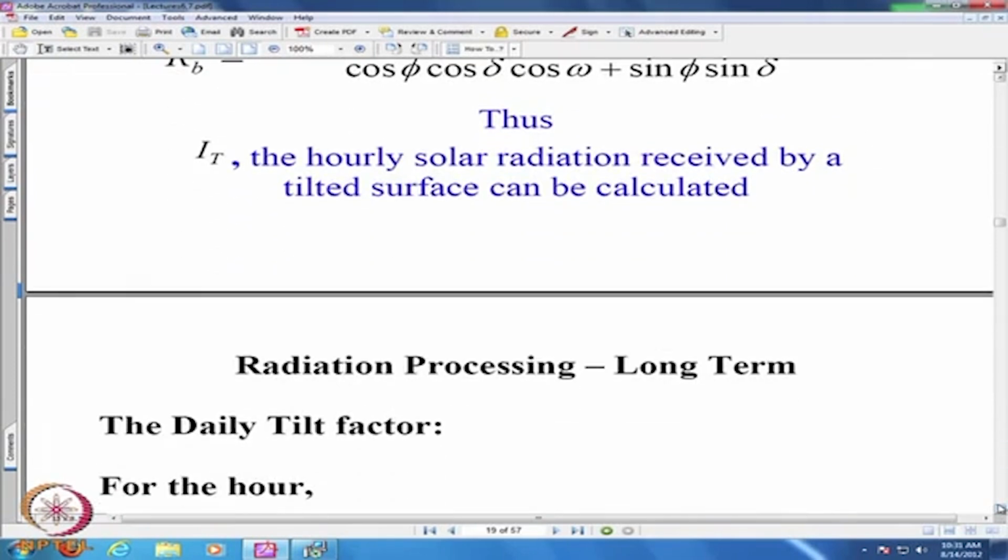Now, we will come to the radiation processing on a long term basis, which will be a day to start with.